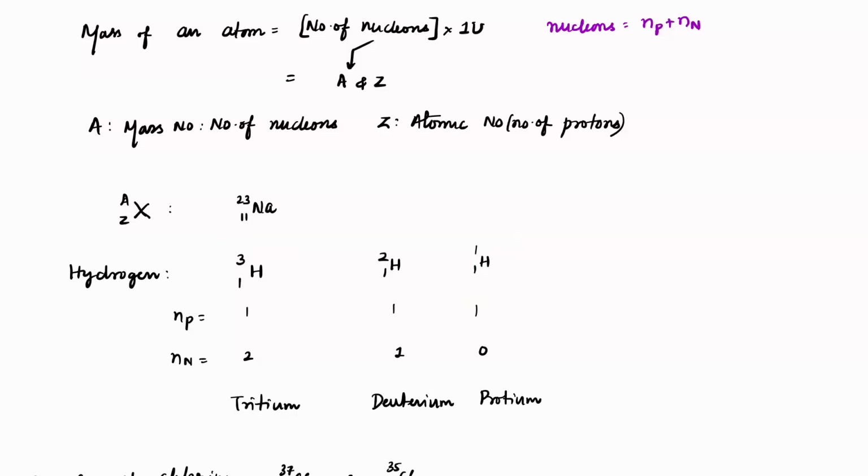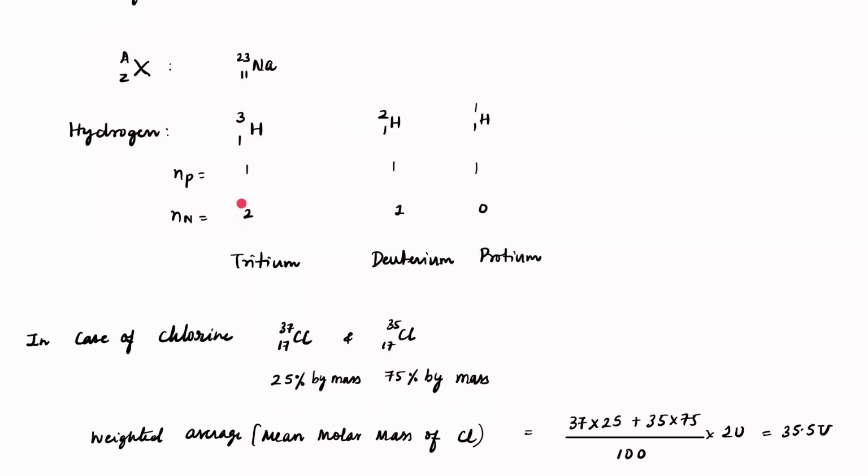You can see all three have the same atomic number, but different mass numbers, which means the number of neutrons is different here. The one which has two neutrons we call tritium. The one with one neutron is deuterium. Zero neutrons is protium. Got it?